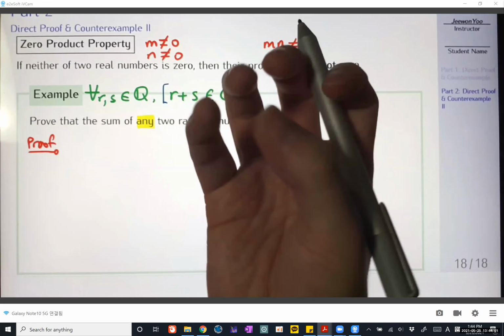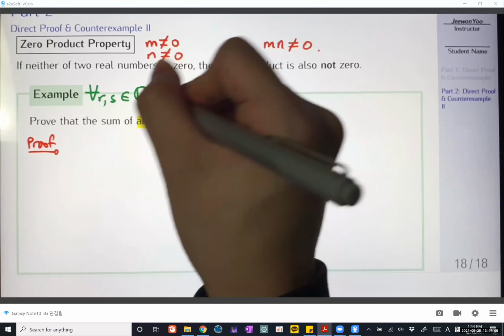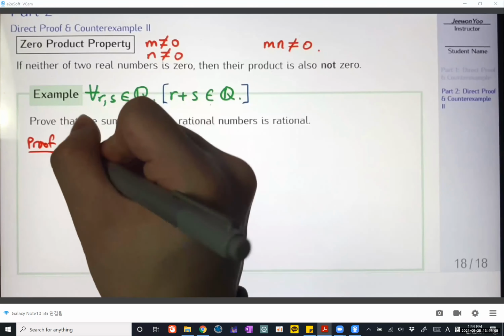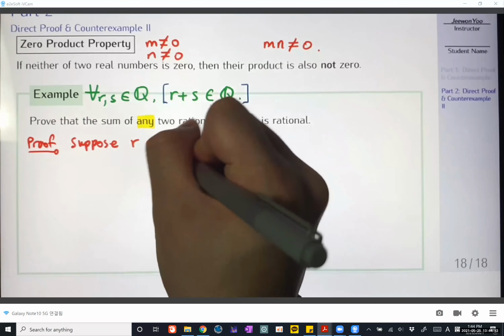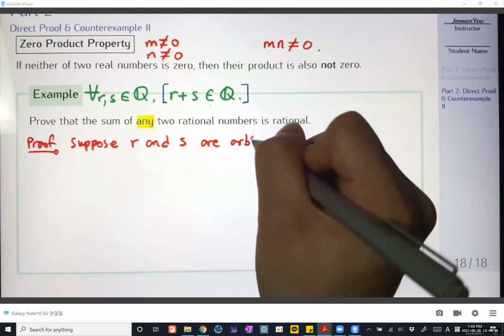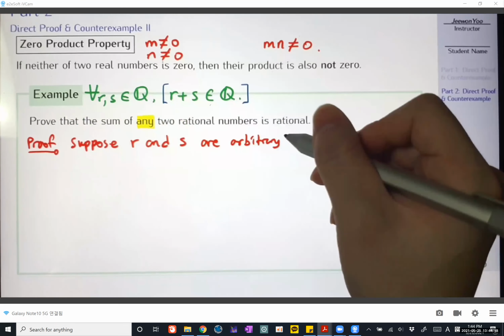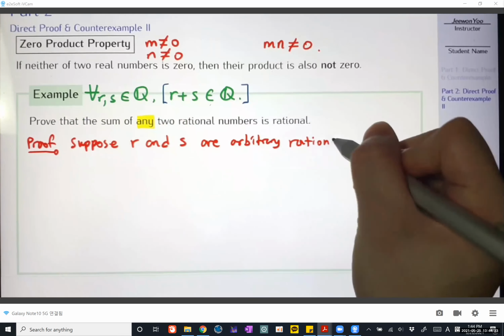Let's pick some generic element R and S from Q, which is rational numbers. Suppose R and S are arbitrarily elements, rational numbers in the domain.